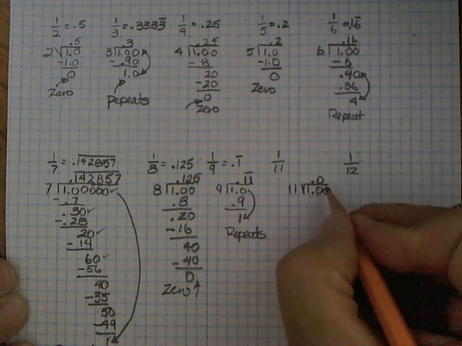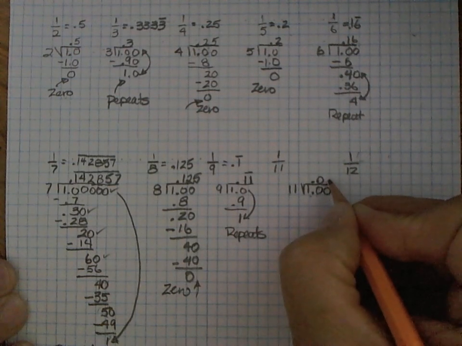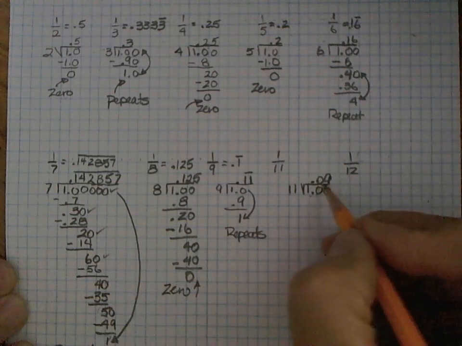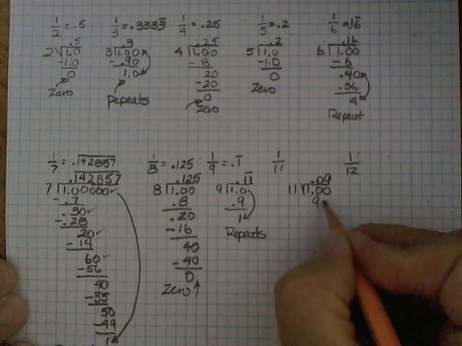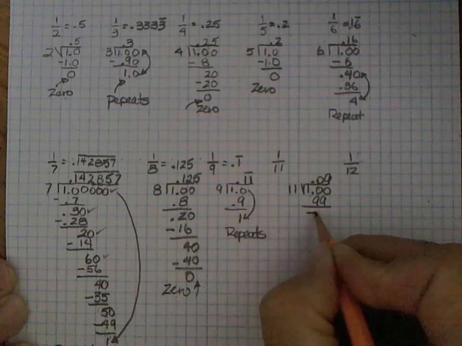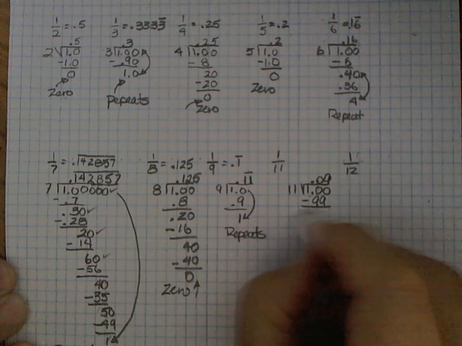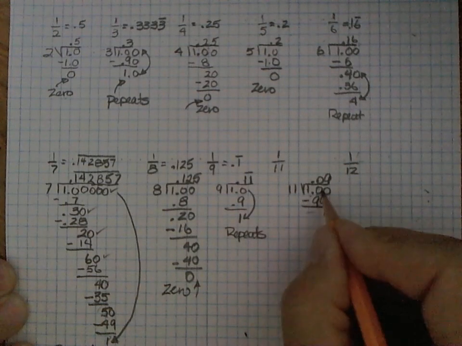Okay. Now 11 will divide 100. 9 times 11 is 99. And look where it repeats. I get a minus this, and what do I get? Let me erase this right here. I get a 1. And again, this starts all over.